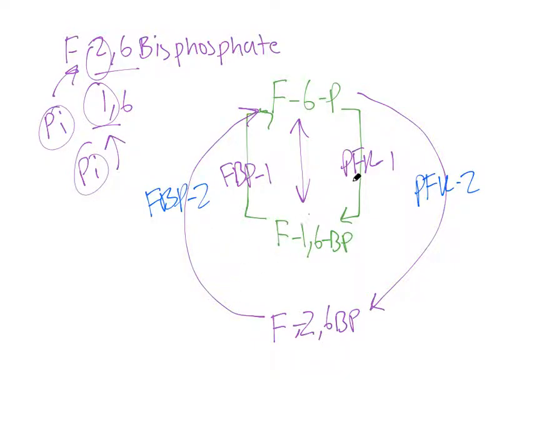These are going to be the enzymes that convert fructose 6-phosphate to fructose 2,6-bisphosphate and fructose 2,6-bisphosphate back to fructose 6-phosphate. And now we're going to talk about how they are activated and inhibited and how they work. It's actually pretty simple. So we're going to zoom in on these two enzymes on the next page.